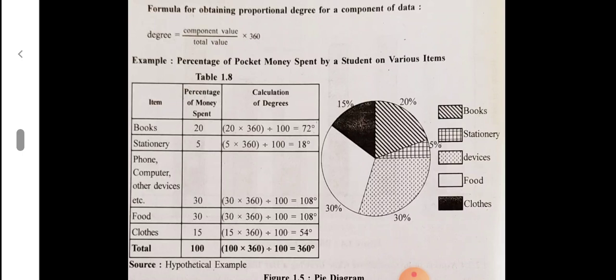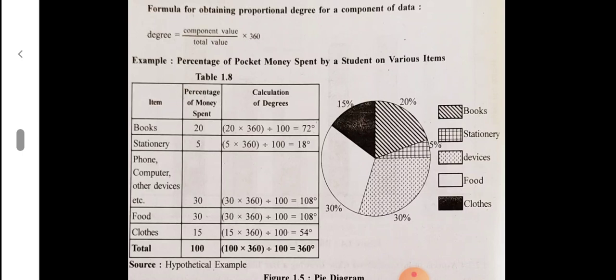Formula: degree is equal to component value divided by total value multiplied by 360. By this formula, data should be converted in degrees, and after that data should be represented in pie diagram.